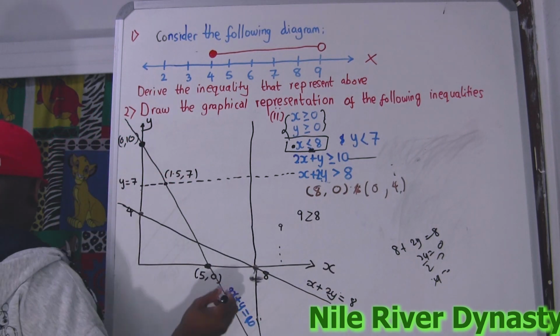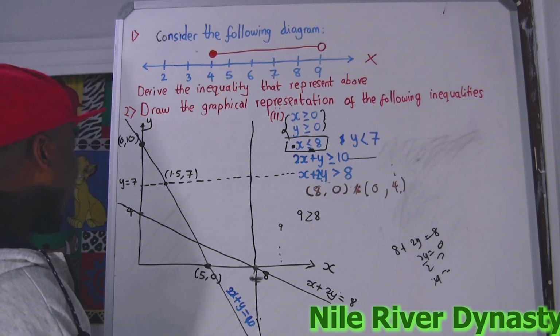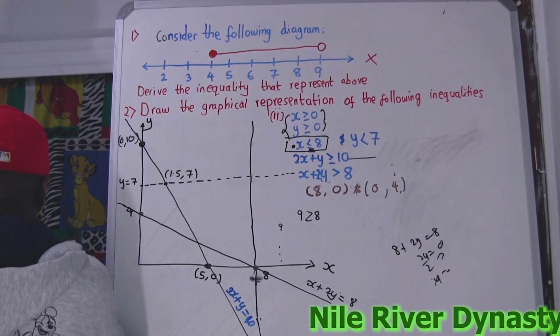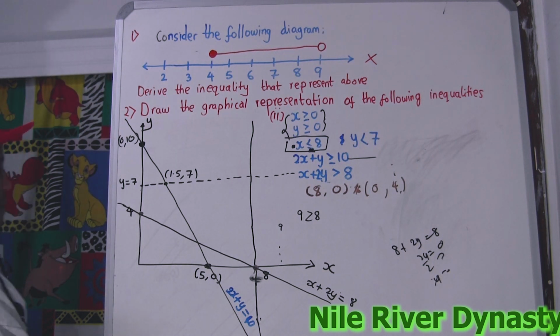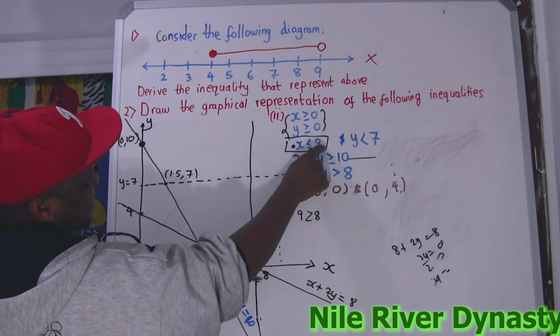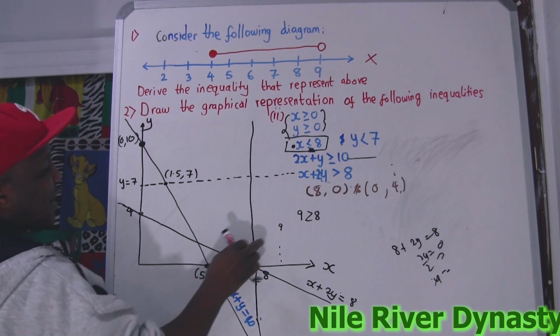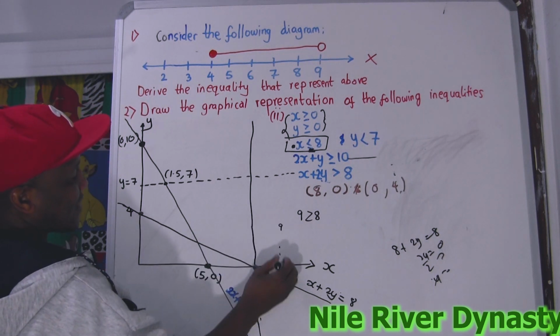So for that case, I'm not going to shade. Hold on. How did I say it again? I've taken this: x is less than 8. If I take any point, for example here, we know this is x equals 9.